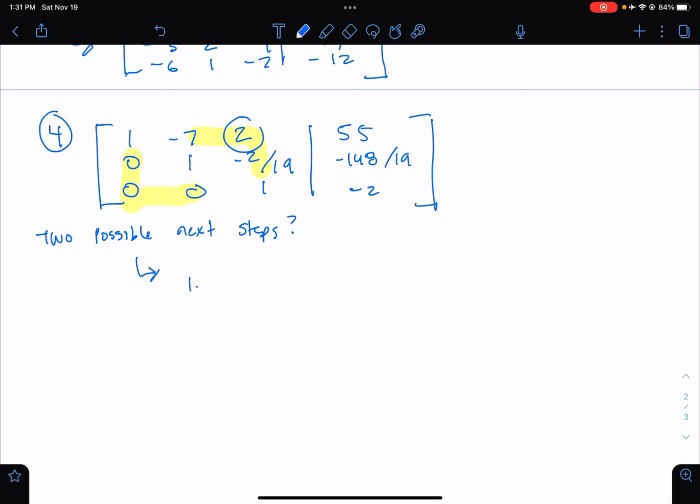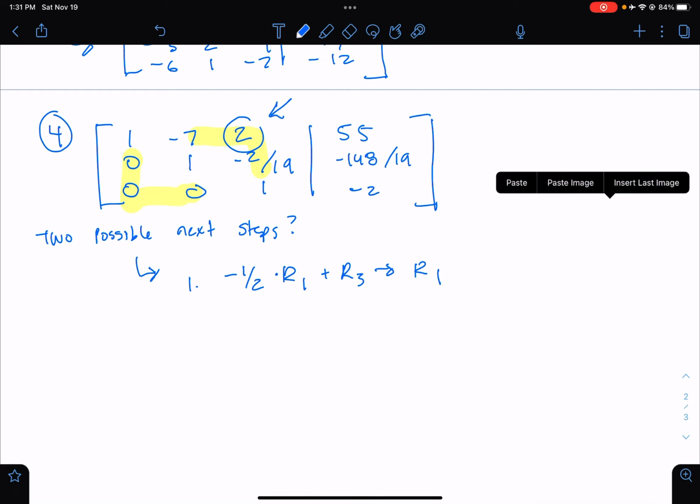So it'd be -1/2 times row 1 plus row 3 to equal row 1. Taking this step would turn this 2 into a 0. And I'll show you how.